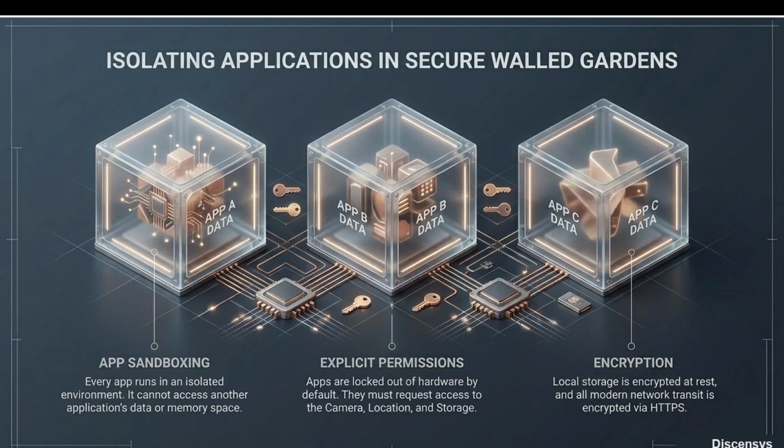And that doesn't work only for local storage. There is also encryption happening with all different types of data, like with modern network transit, when we transmit information over the network, over the internet. It is also encrypted via secure HTTPS.